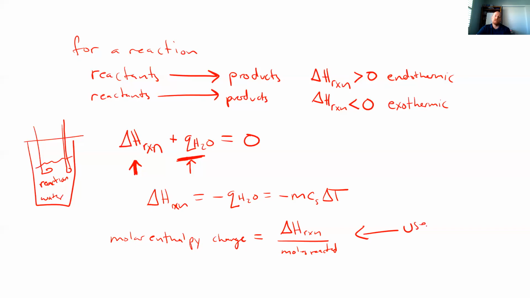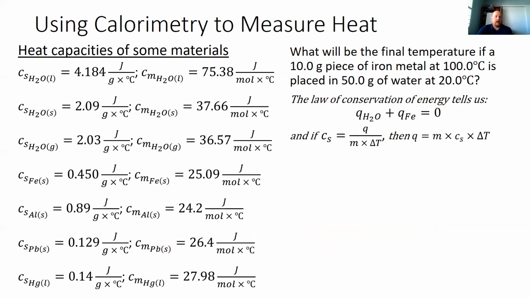So that's going to be used in thermochemistry. All right, and so we're going to take a pause here, and we'll come back and we'll do this particular example problem to illustrate how calorimetry can be done in an experimental setting with a certain amount of data.